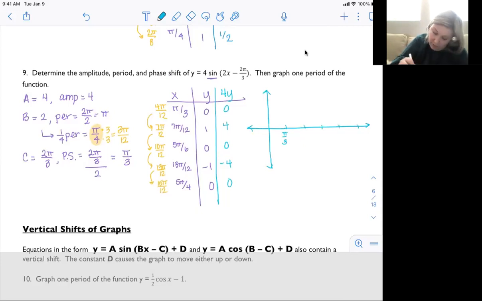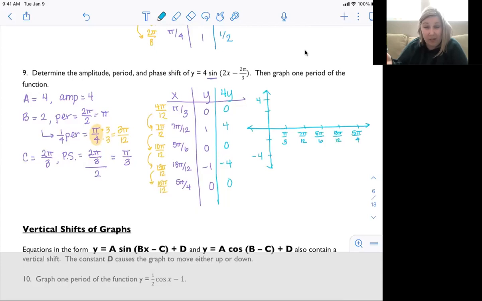There's my 5 points. So this one is 7 pi 12ths. This one is 5 pi 6, 13 pi 12ths, and 5 pi fourths. This is certainly not to scale. Okay, and then I'm going to call this 4, and I'm going to call this negative 4.